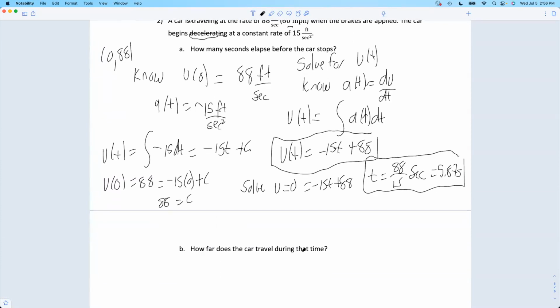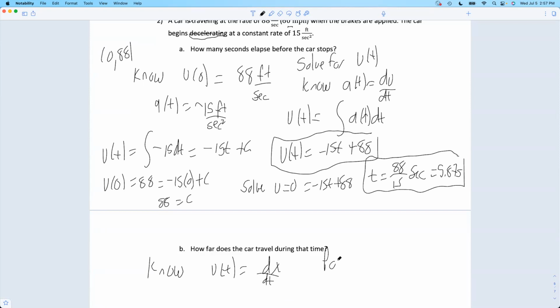Now let's figure out how far the car travels. We know that velocity is the derivative of position, the derivative with respect to time of position.